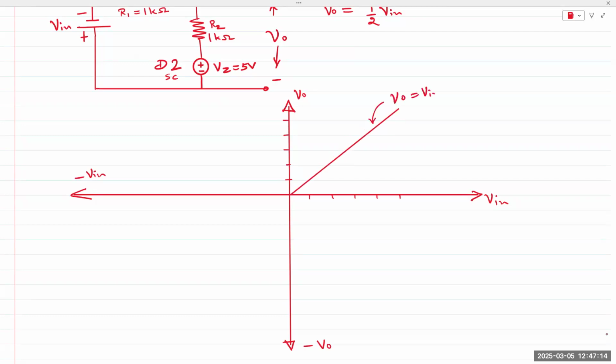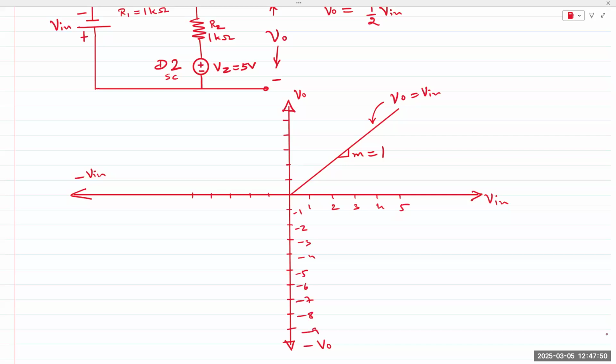V out over V in is equal to 1, so the slope is 1. Same thing here. 1, 2, 3, 4, 5, and so on up to 9.